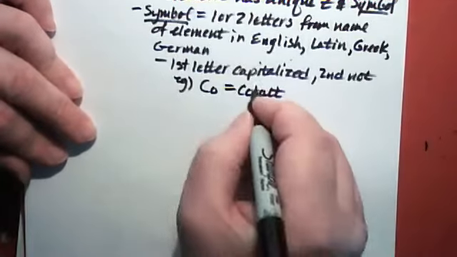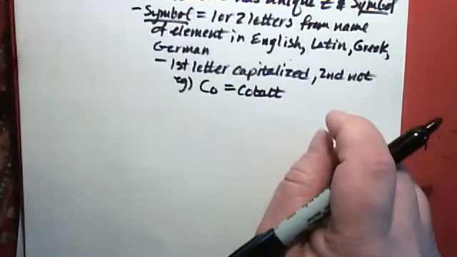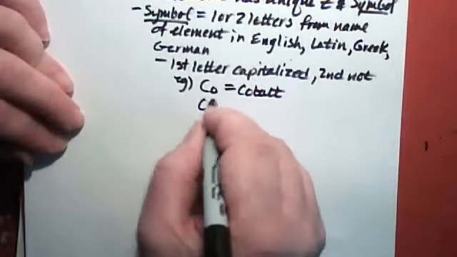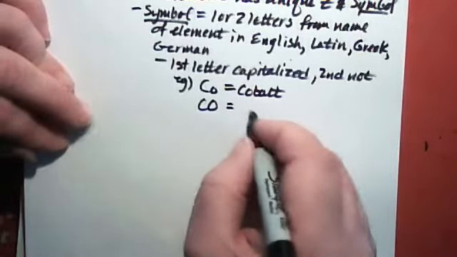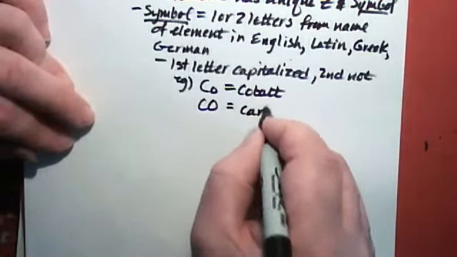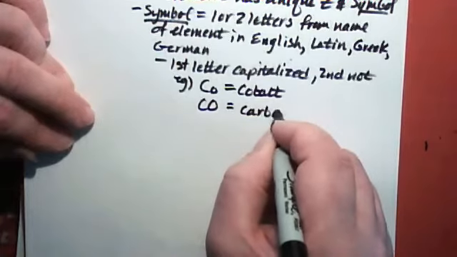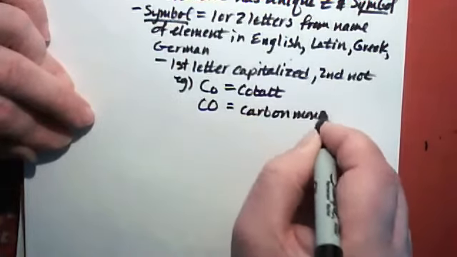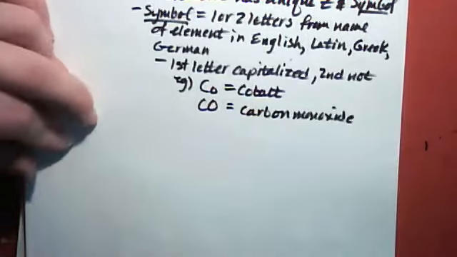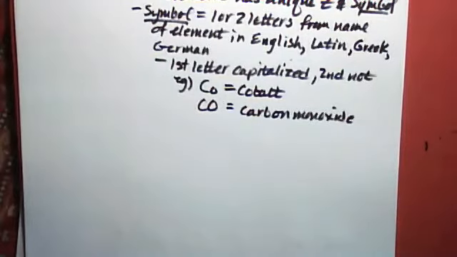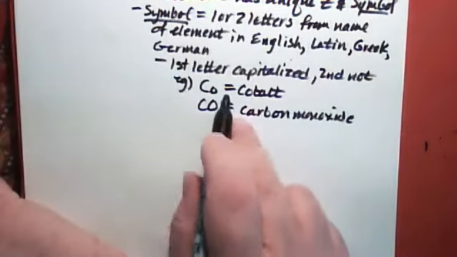It's a relatively unreactive metal that's kind of similar to nickel, versus capital C, capital O, which is carbon monoxide, a poisonous gas. So capital C, capital O is a poisonous gas. You don't want to confuse the two of those.